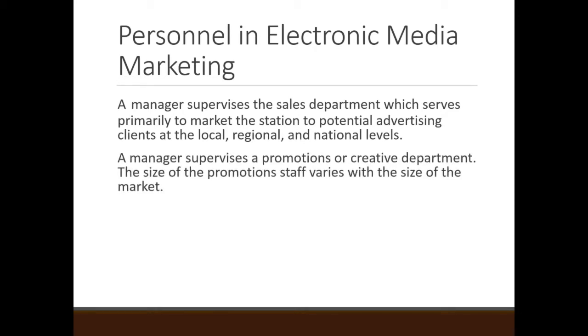Manager supervises the promotions or creative department, and again, this, like everything else we've talked about, the size of that varies with the size of the market. If you're in a station in Lubbock, you're going to have a smaller staff. It's just part of the deal.